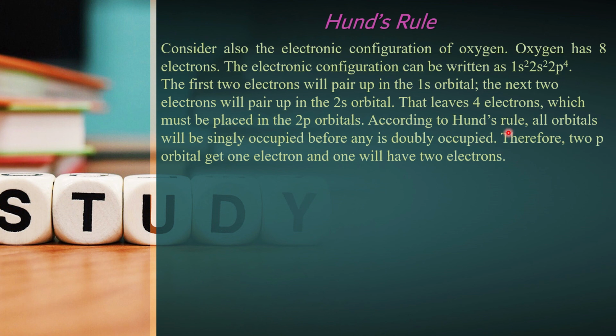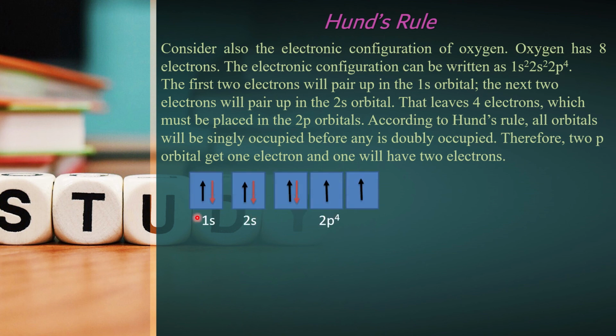Now, according to Hund's rule, all orbitals will be singly occupied before any is doubly occupied. So, when 3 electrons go to the 3 degenerate orbitals of the p subshell, then 1 electron will be left, and this electron will go to the px orbital with opposite direction.